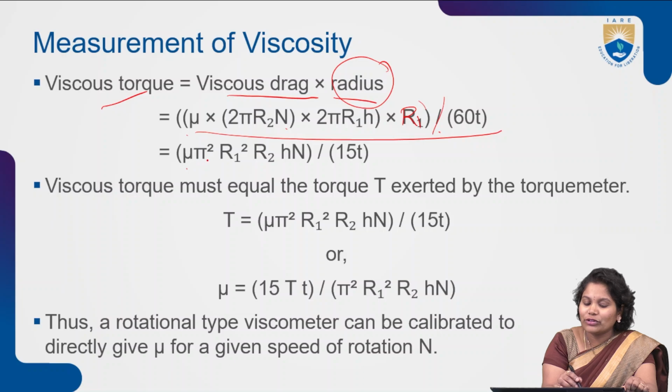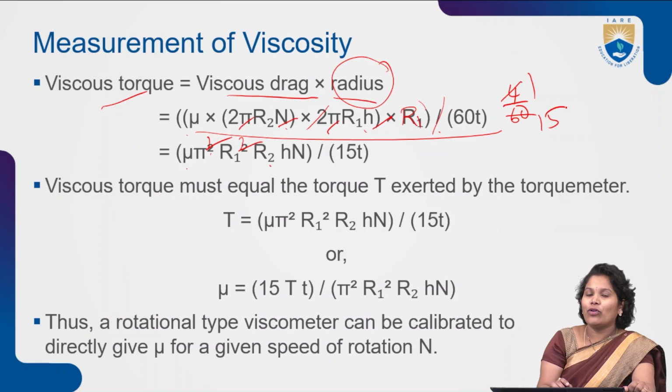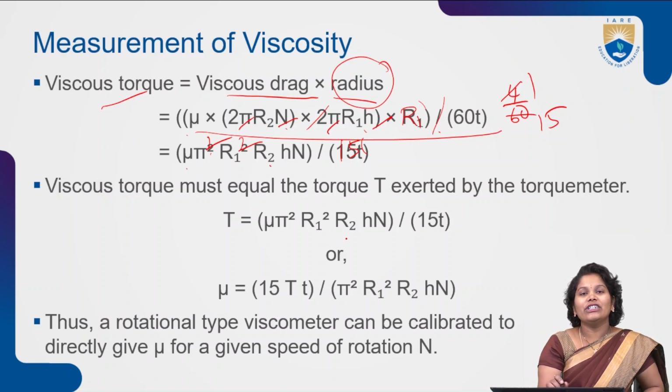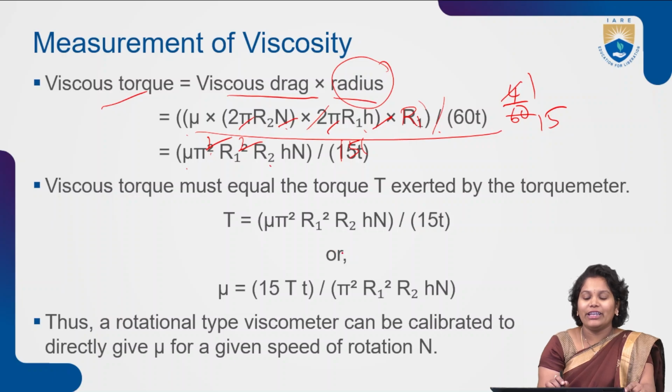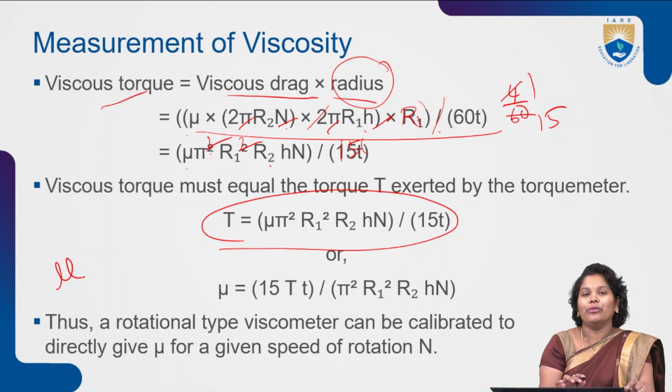Mu, 2 pi square, r1 square, r2 h N by 4 by 60. Yes, 4 15s are 60, so for 15 t. So here I am getting T equal to mu pi square r1 square r2 h into N by 15 t. From this I need mu, the viscosity. So I am taking mu on the left hand side and all the terms on the right hand side.